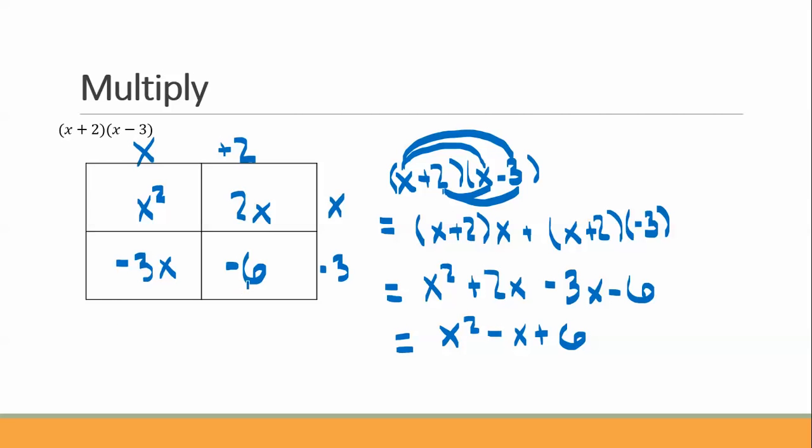Just like in our previous example when we were doing it with just numbers, we added along the diagonals. So here we have negative 6, here we have 2x minus x is minus x, and here we have x squared. And we end up with the same answer both ways.